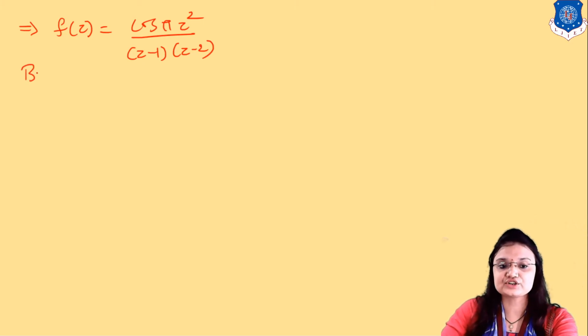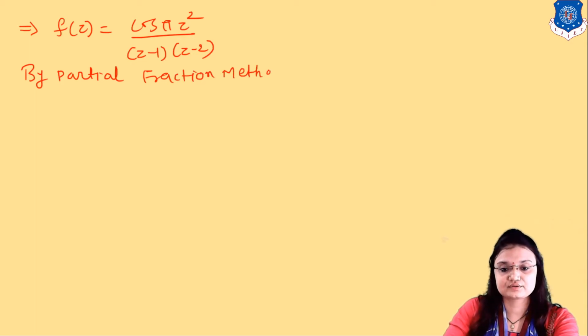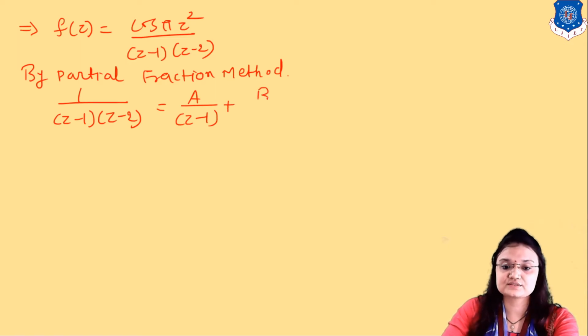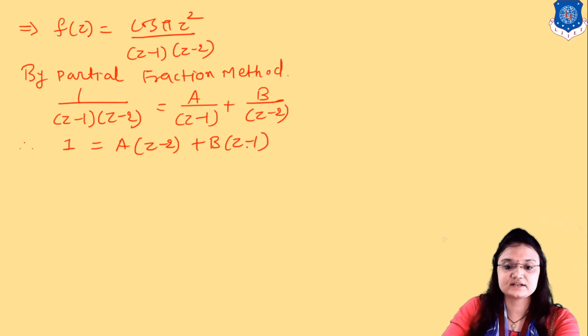By the partial fraction method, we can set 1 upon z minus 1 into z minus 2 as a upon z minus 1 plus b upon z minus 2, because here both points lie inside the circle C. So we will get 1 equal to a into z minus 2 plus b into z minus 1.